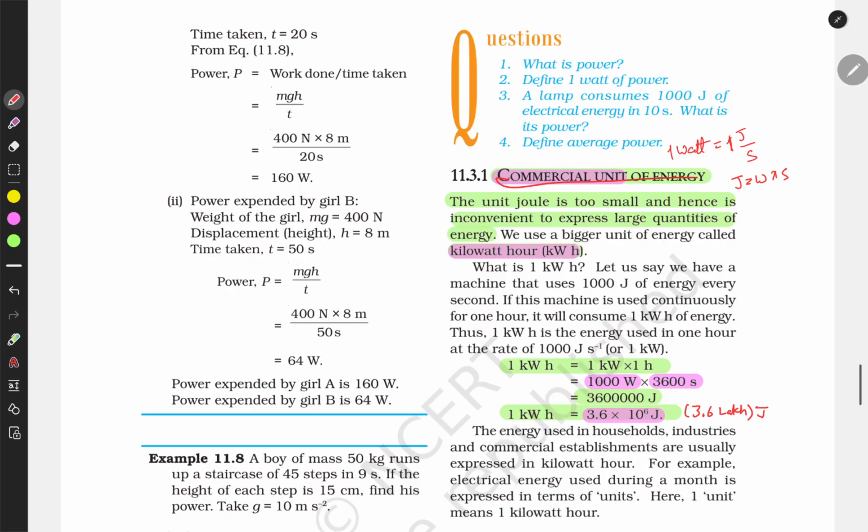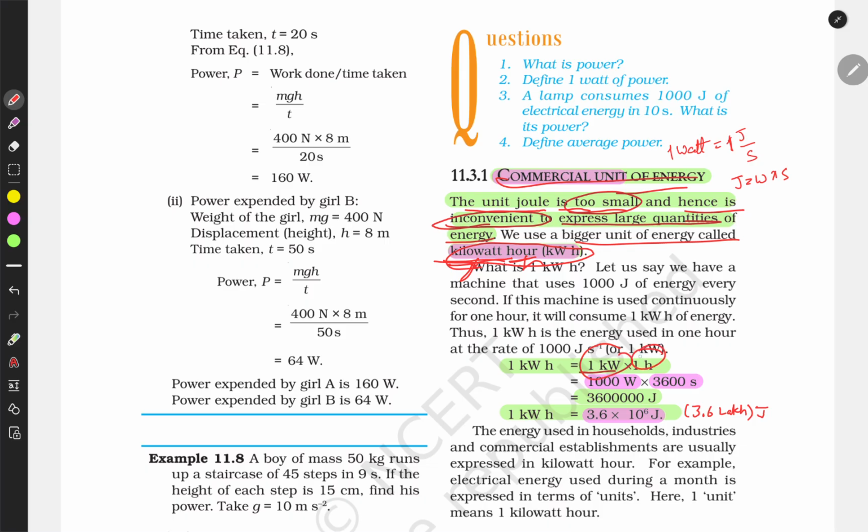Then the commercial unit of energy. The unit joule is too small and hence inconvenient to express large quantities of energy. So we need a bigger unit, so we use the kilowatt hour. So what is a kilowatt hour?